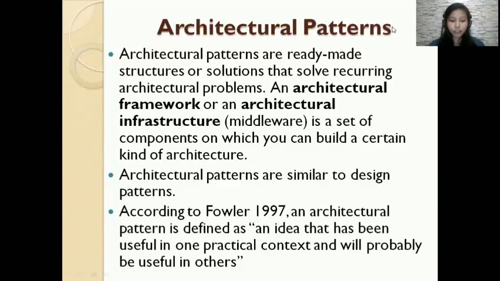Architectural patterns are similar to design patterns, but since the context is IT architecture, the focus is more on form and structure rather than detailed design, specification, and function. According to Fowler 1987, an architectural pattern is an idea that has been useful in one particular context and will probably be useful in others. In short, architectural patterns focus on the form of the solutions.